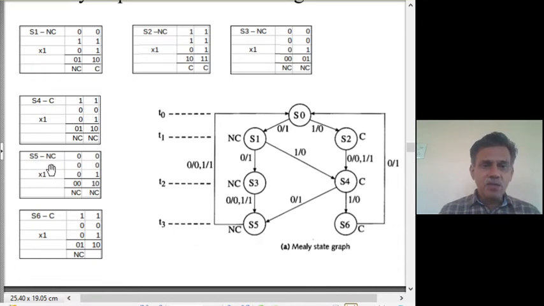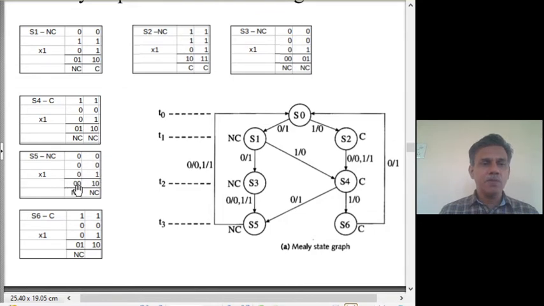S5 will be very similar to S3, because both are no carry states, both don't have a bit to be added. The input can be 0 or 1. So you would see that no carry, no bit to be added, and then the input can be 0 or 1.